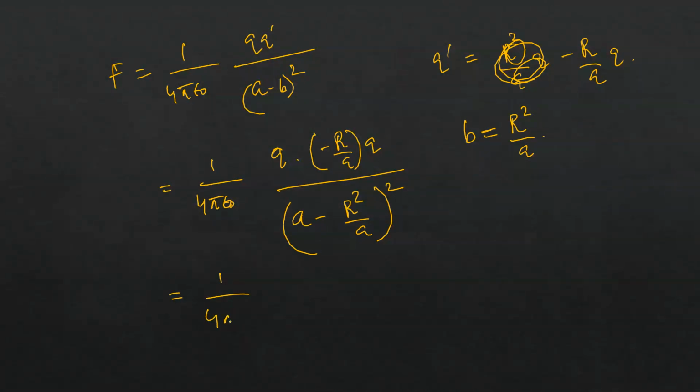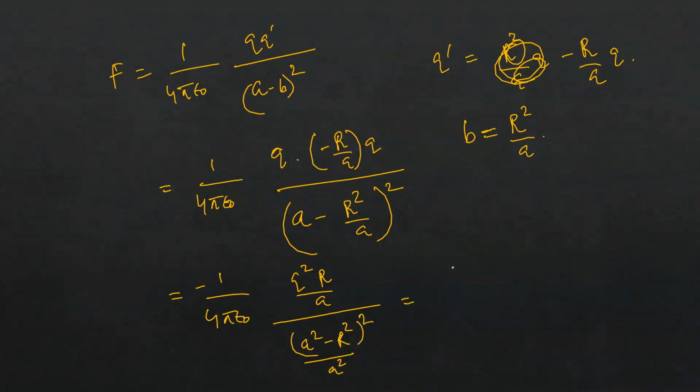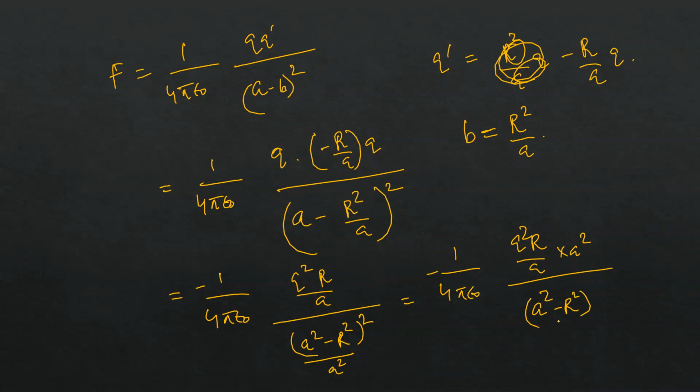The minus goes out. So this is q square r by a, divided by (a square minus r square) divided by a, whole square, because this is a square. So minus 1 by 4 pi epsilon naught, q square r by a into a square, divided by (a square minus r square) whole square.